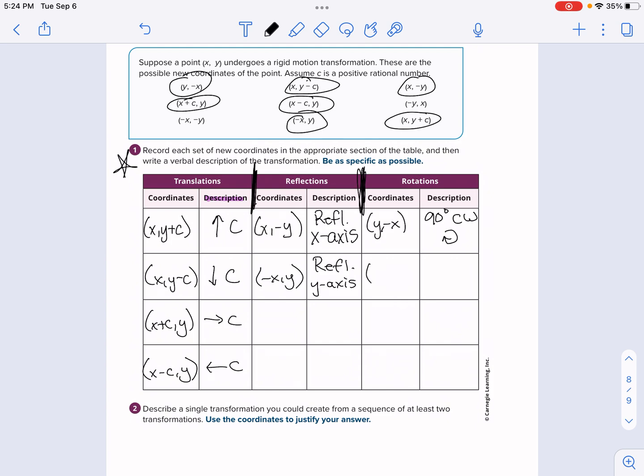Next one we'll go with is negative y comma x. So switching, but making y the opposite. This is a 90-degree counterclockwise rotation. So going the other way. That's the rule. And the last one here is negative x comma negative y. This is where we make both of them the opposite, and this describes a 180-degree rotation. Doesn't matter whether clockwise or counterclockwise, that is all.